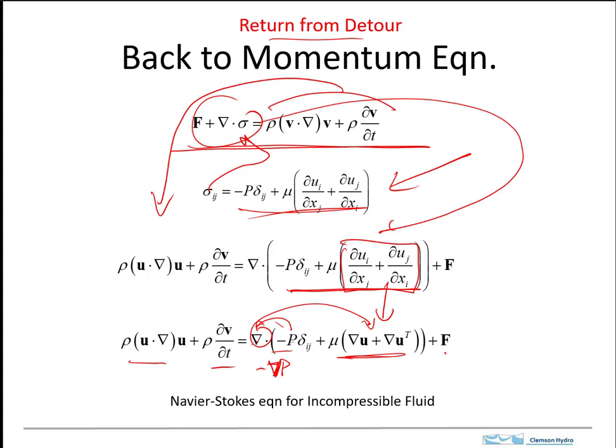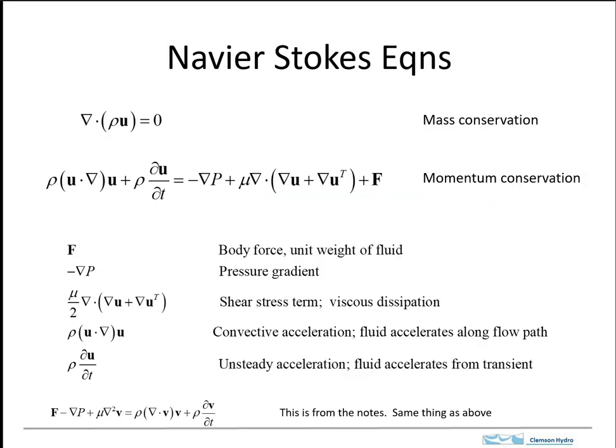And then here, the mu comes out, and we dot it into these guys. So that's what we end up with here: the pressure gradient, and the divergence of this thing.